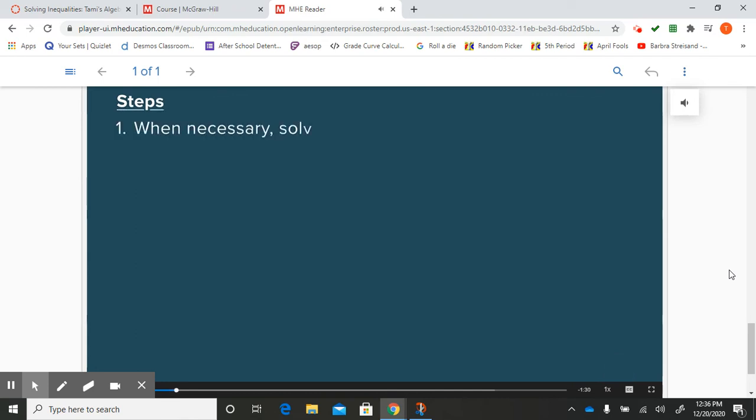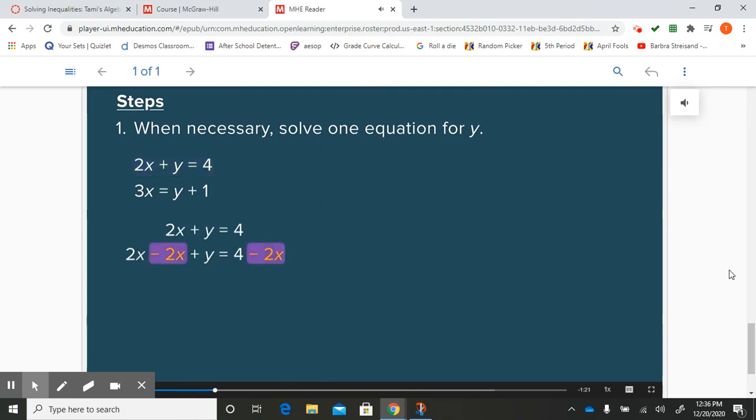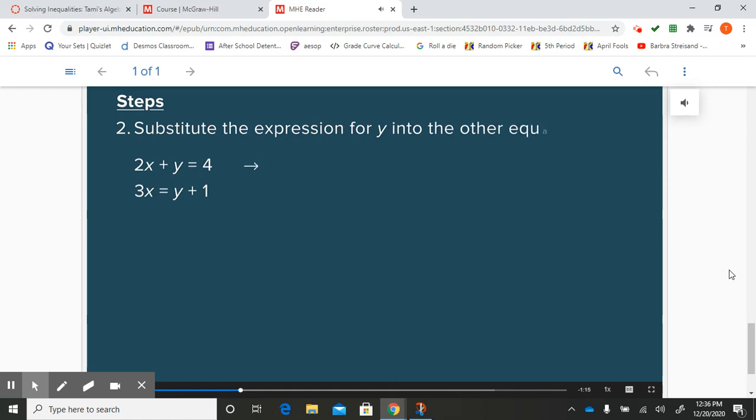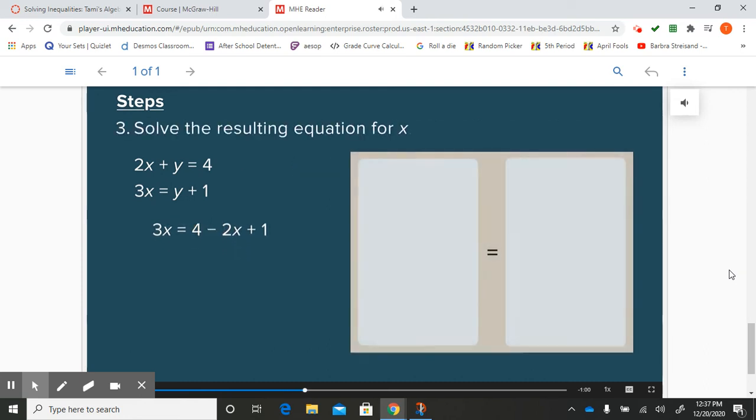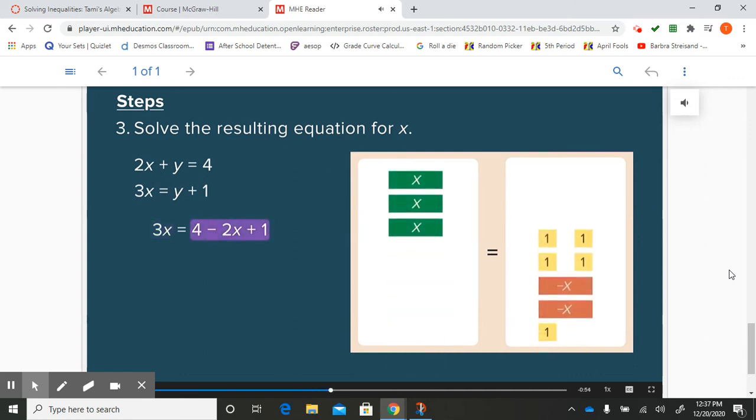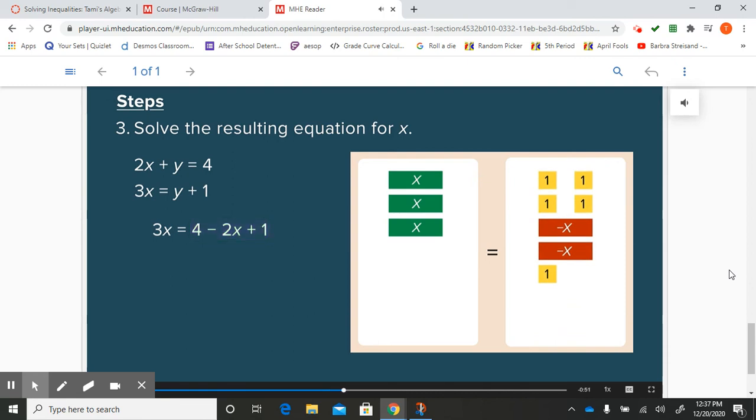You can use algebra triads to help solve a system of equations by substitution. Start by solving one of the equations in the system for y. Substitute the expression for y into the other equation. Solve the resulting equation for x. Start by using algebra triads to solve the equation. Negative x times and isolate the positive x times on one side of the map.